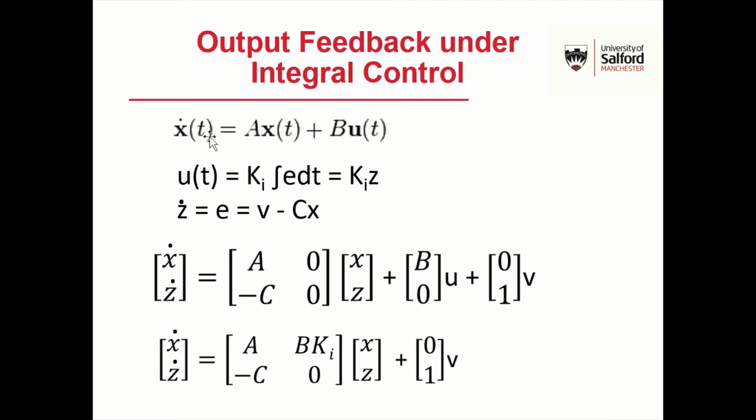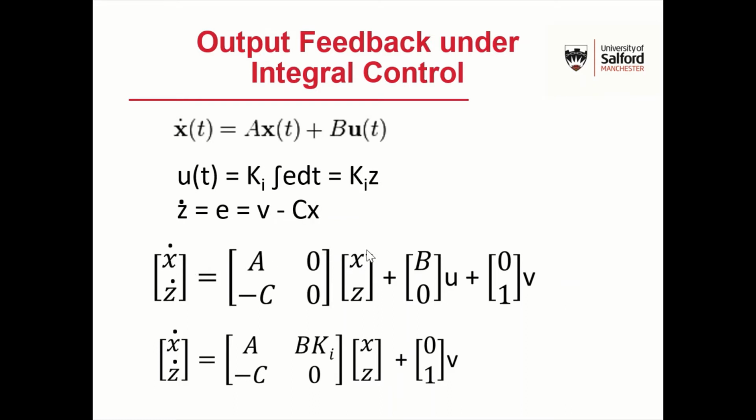And looking at state space now, I've got x dot is Ax plus Bu. U is Ki times the integral of error, and we're making the integral of error equal to Z. So we get Ki integral of error is equal to Z, and if we differentiate this equation here, we get that Z dot, if we differentiate the integral, it just becomes E, which is V minus Cx.